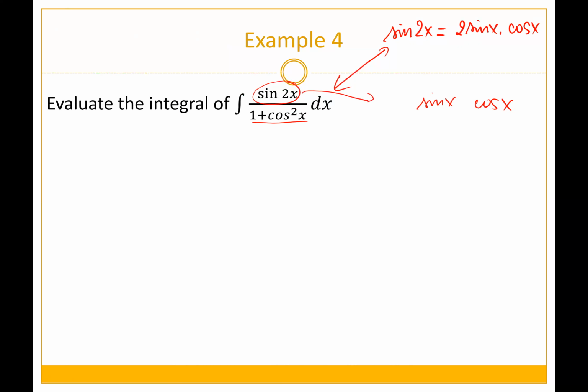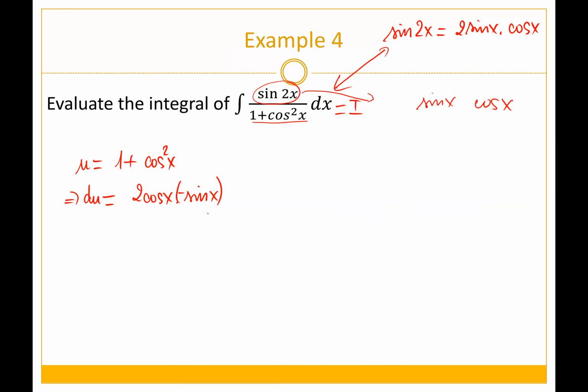So now, when you do u substitution, if I put u as 1 plus cosine square x, my du is going to be 2 cosine x times negative sine x. This is the trick of the technique, and this is what I'm going to show you.